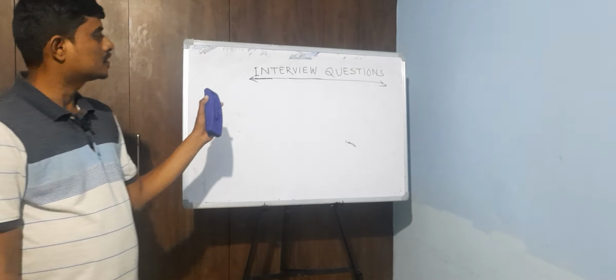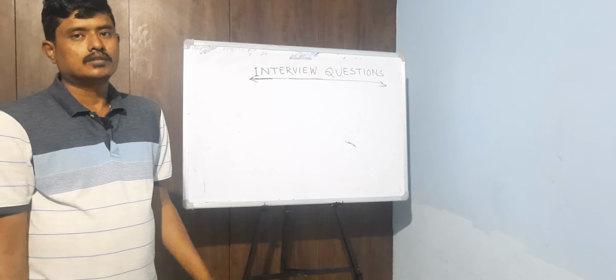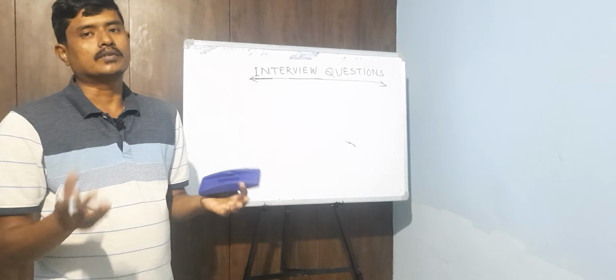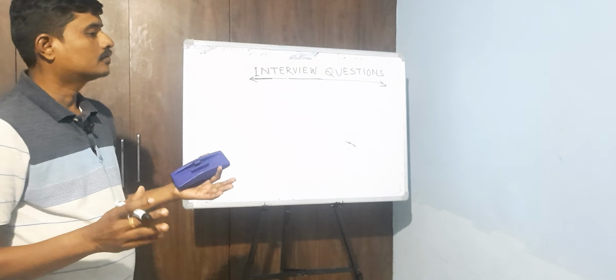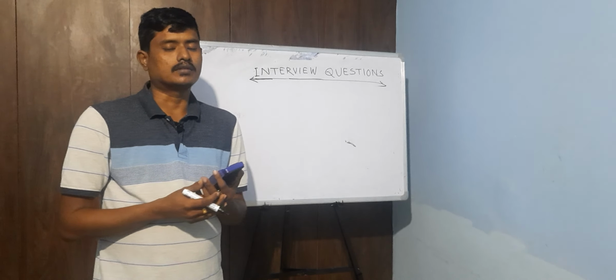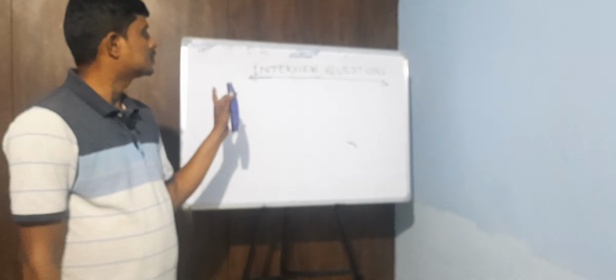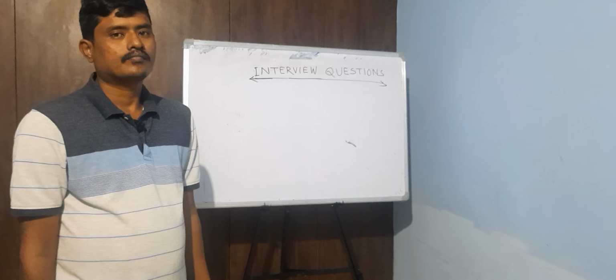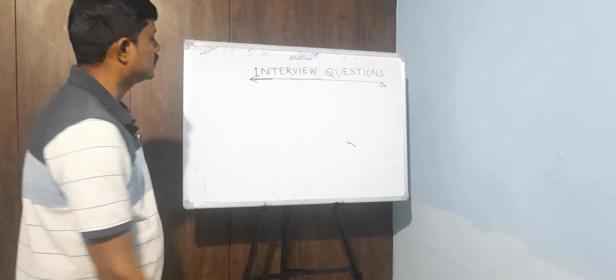Again, some questions related to the parallel operation of transformers. When two transformers having different polarity are connected in parallel, there will be a circulating current flowing through the transformer coils that will overheat the transformer winding. That will also create a problem.